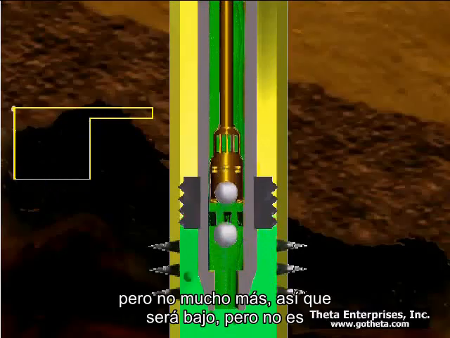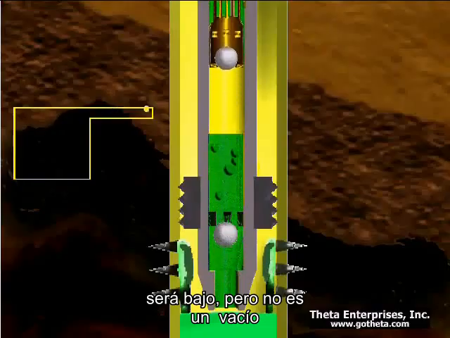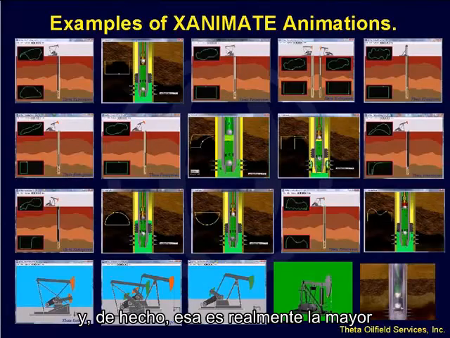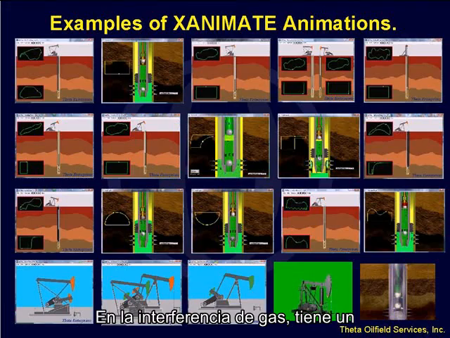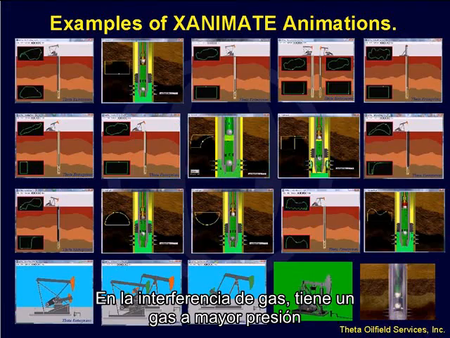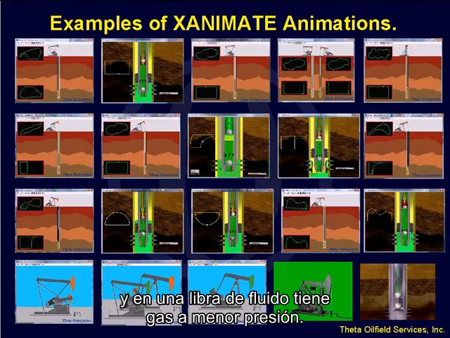So it's going to be low, but it's not a vacuum. And actually, that's the biggest difference between fluid pound and gas interference: in gas interference you have a higher pressure gas, and in fluid pound you have lower pressure gas.